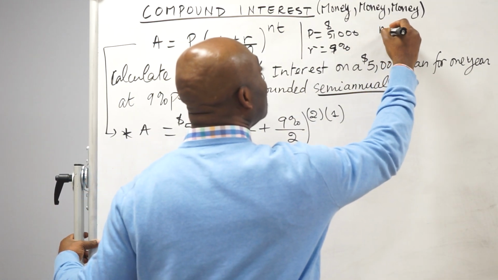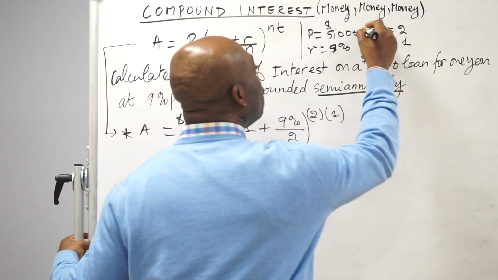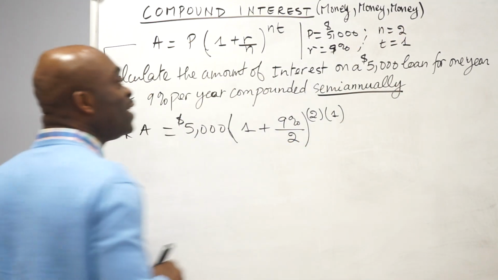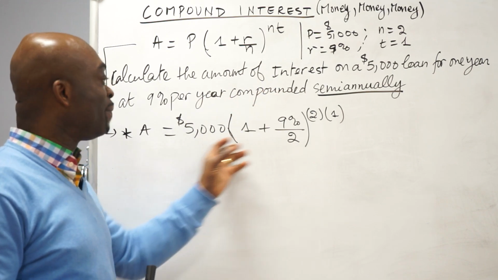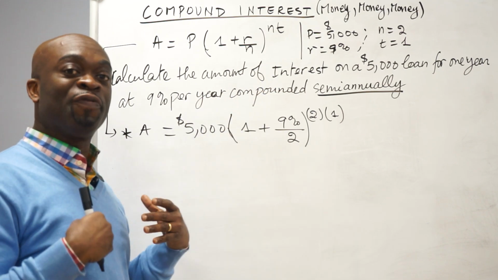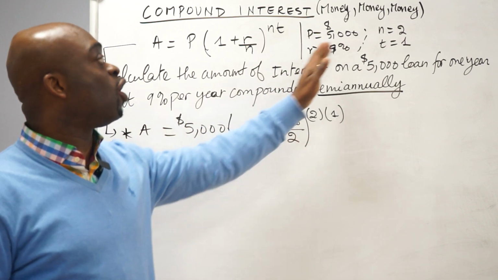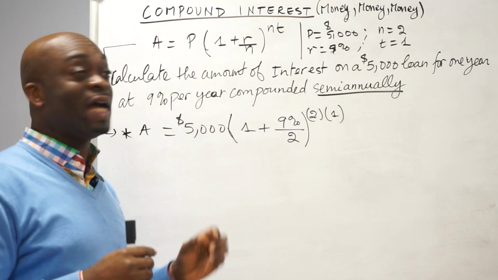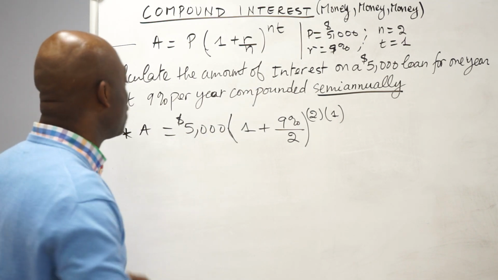N, which is 2, and T, which is 1. You can always refer to them when you come into the formula. For me, I'm just going straight at it, but you guys can always pull out the information you are given so that you are able to work it out. So let's go for it.